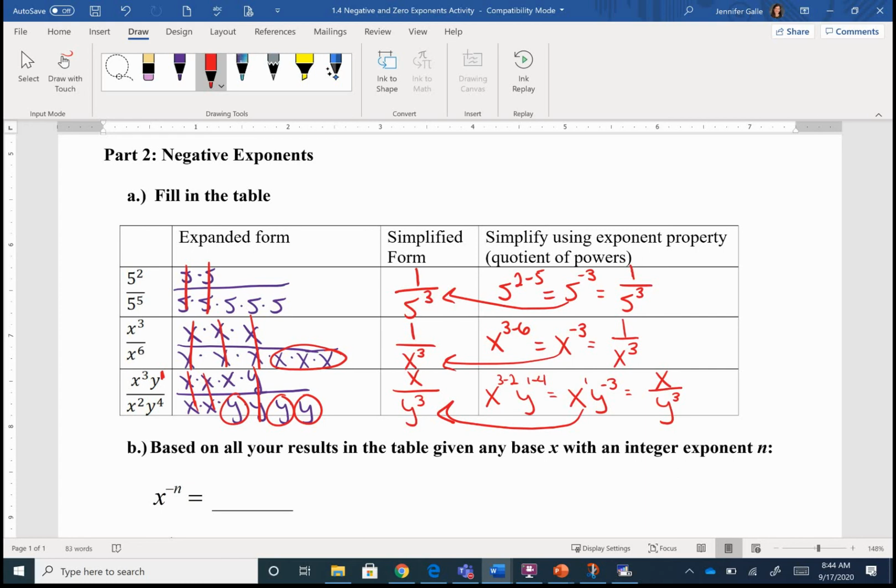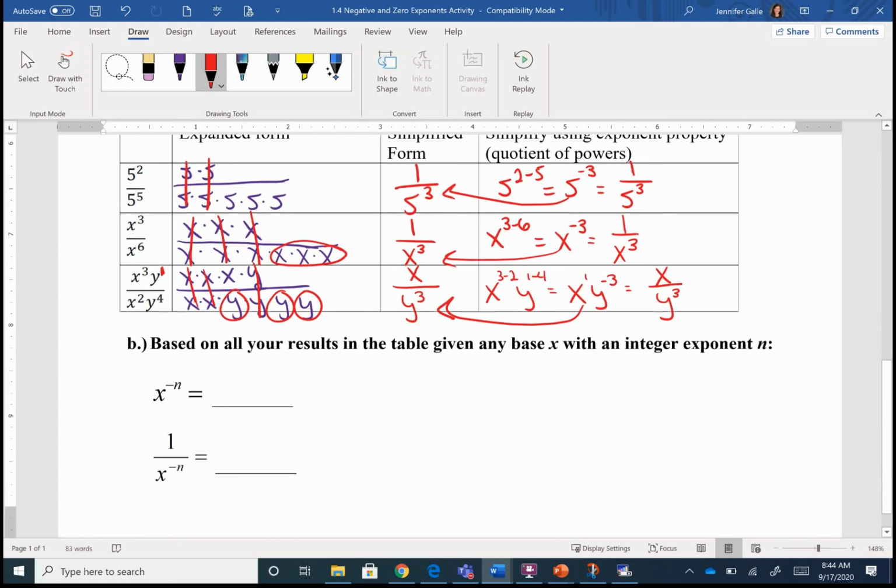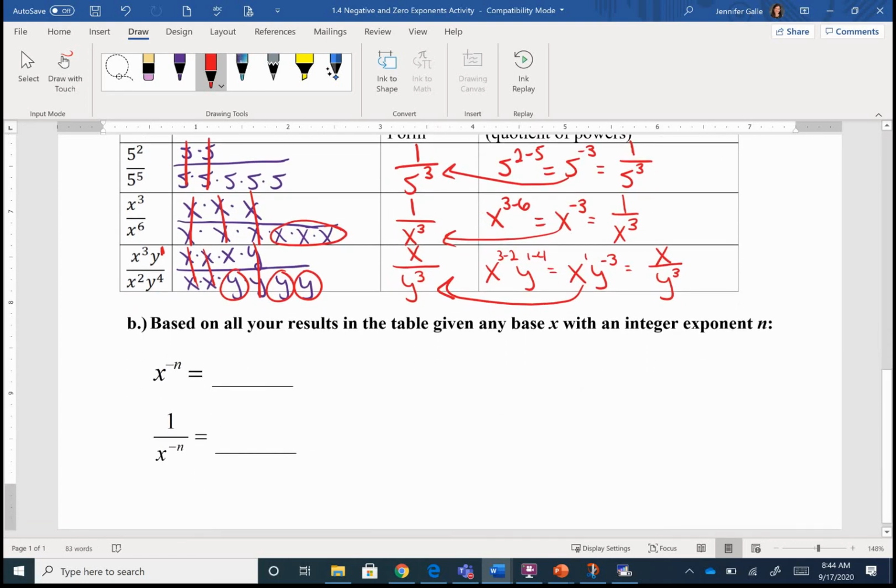So if we have our little summary, here's the idea with negative exponents. If I have a negative exponent and it's not in the bottom of a fraction, it's just hanging out. If I want to make the exponent positive, I need to flip it and move it to the bottom.